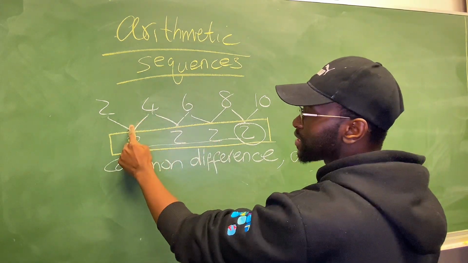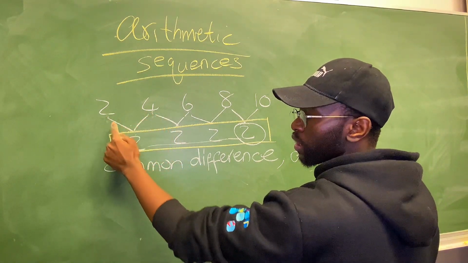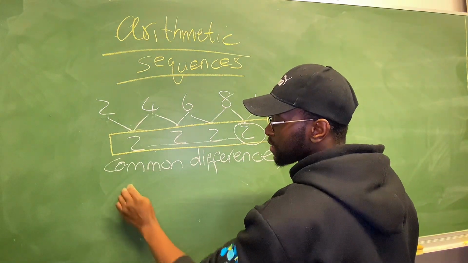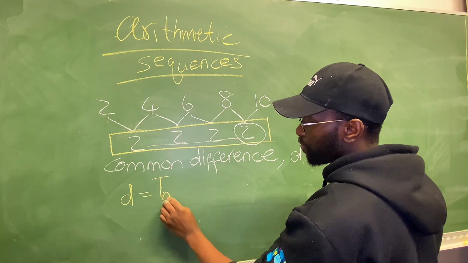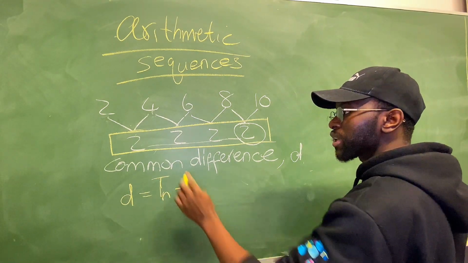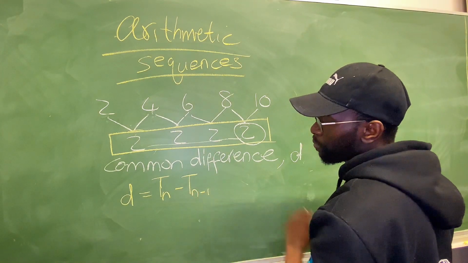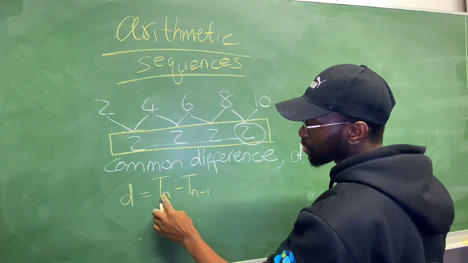It's simply by taking the following value, subtracting the previous value, and you get your common difference. So to find D, you will take some value and subtract the previous value, which is n minus 1. And by n, I mean the position of the value.